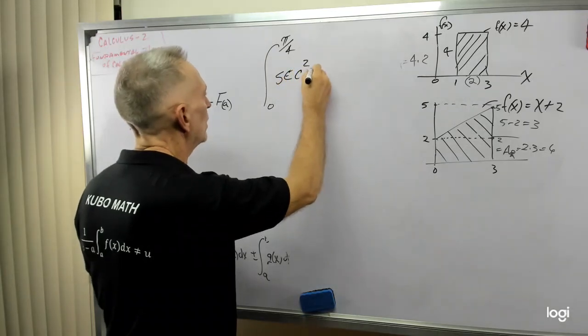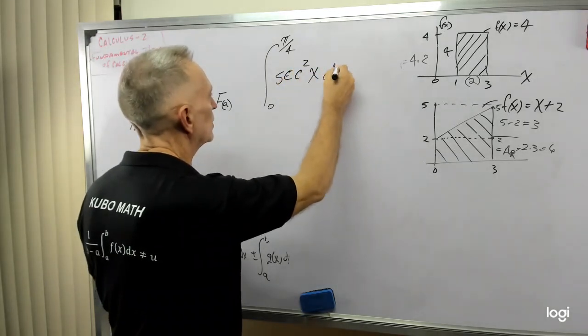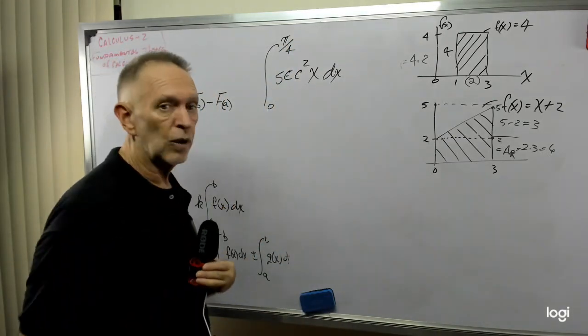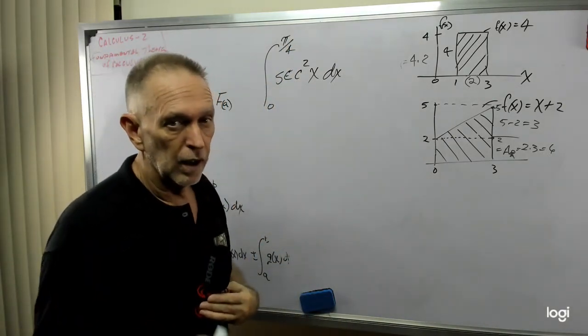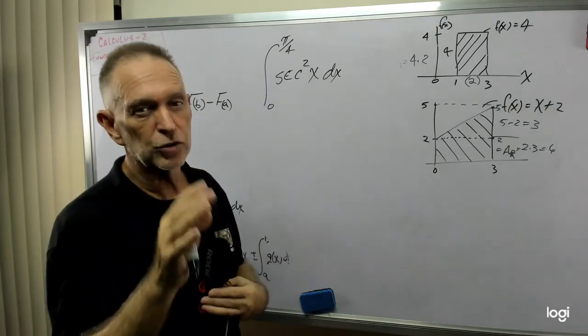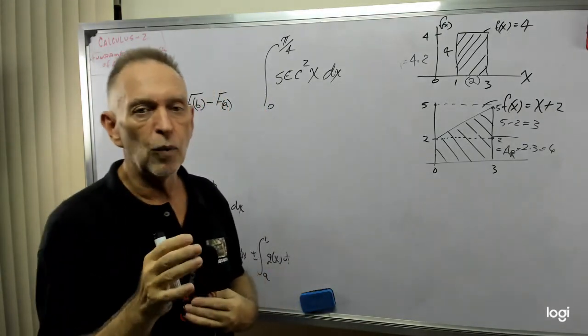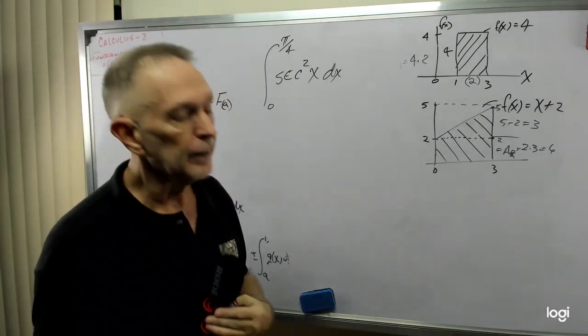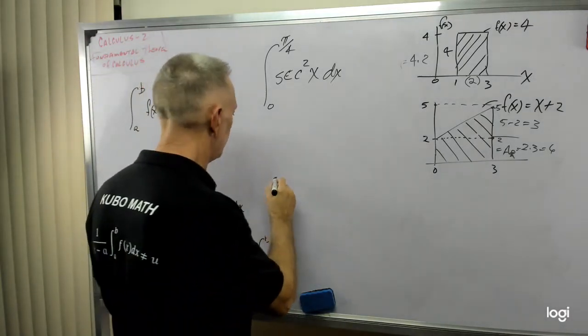All right, here we go. We have secant squared x dx, and we're evaluating that from 0 to pi over 4. Okay, how many people, just scream into your monitor, what's the degree angle of pi over 4? 45 degrees.